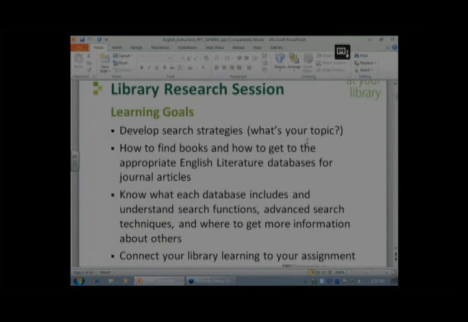Advanced search techniques, we obviously don't have time to go through them all, but we will show you some of the basic ones that you'll use most commonly, and we'll show you where to find others as your skills increase and you start wanting to learn a few more tricks of the trade to get into the databases further. And then we'll see if we can connect two assignments a little bit if we get a chance to do that near the end.